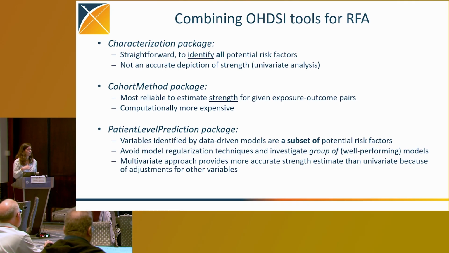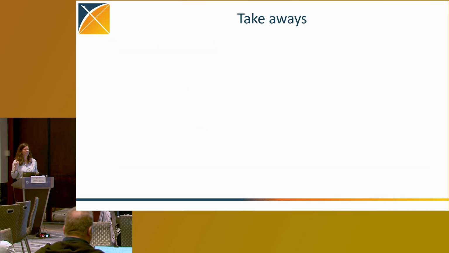And if you want to look at prediction models and use that for some kind of risk factor analysis, then what you really need to do is look at a whole group of models. So for example, the 50 that I presented, you could explore all the variables that are included in all these models and consider those as the risk factor set. Usually, when we're training a prediction model, we end up with one model, but actually there might be other models that are almost as well performing, maybe with a 0.0001 difference in the loss function or so.